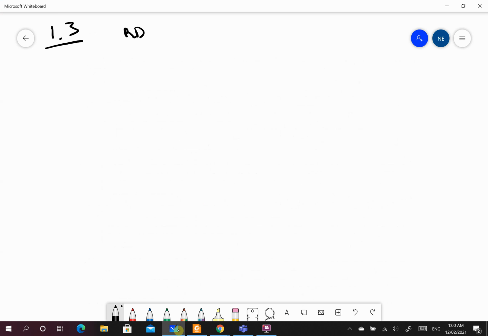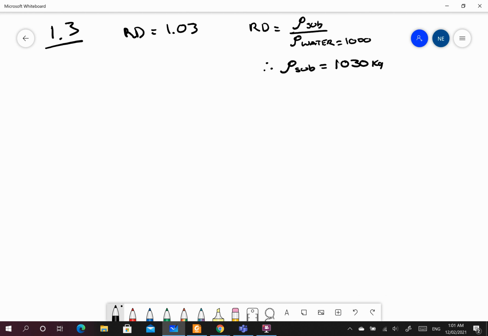Well, my RD is equal to 1.03. The next thing that I know is RD is the rho of the substance all over rho of water. This here is equal to 1000. So therefore, my rho of my substance is equal to 1030, in kilograms per meter cubed. That's my density.